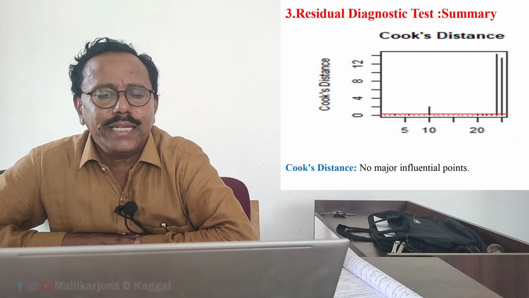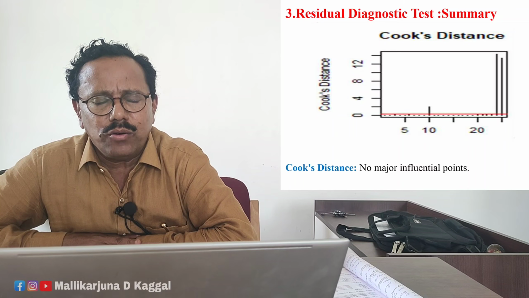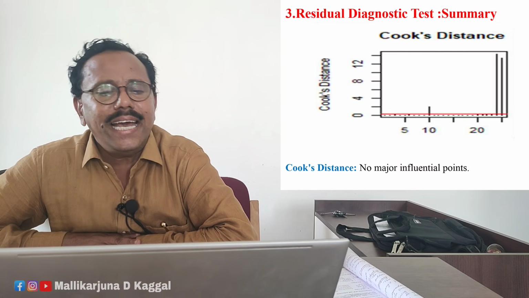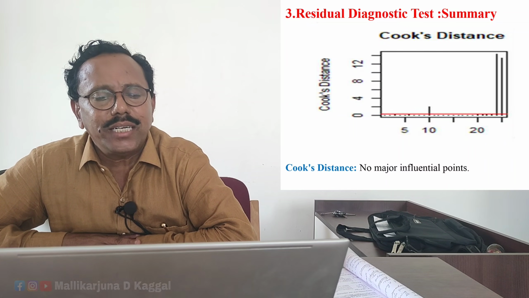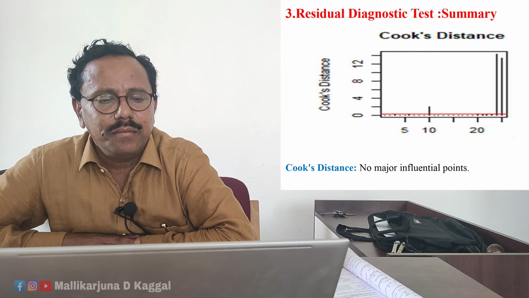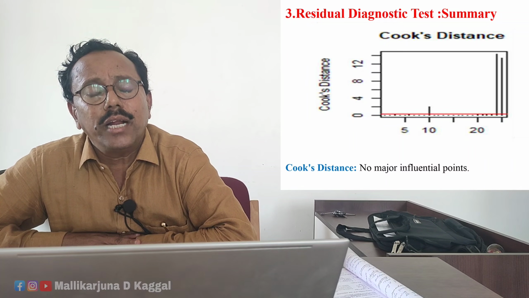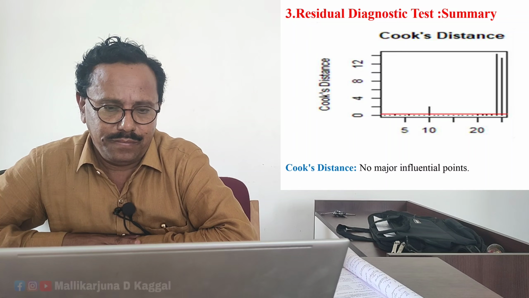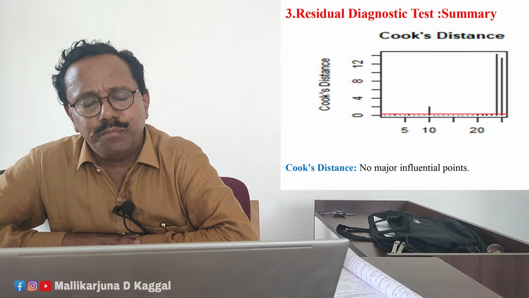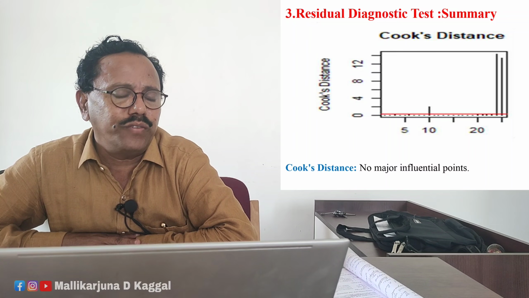Another metric is the information criteria: AIC, Akaike information criterion, and BIC, Bayesian information criterion, where the lowest value is the best. Lowest AIC or BIC is the best model fit.